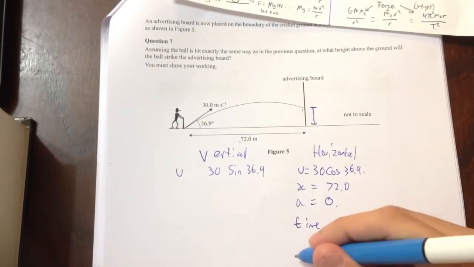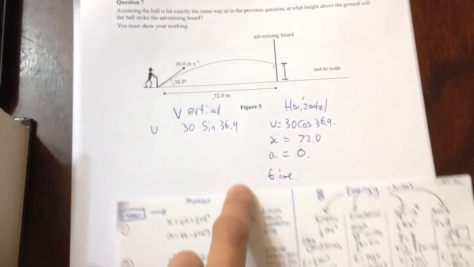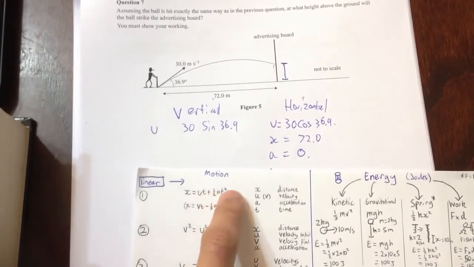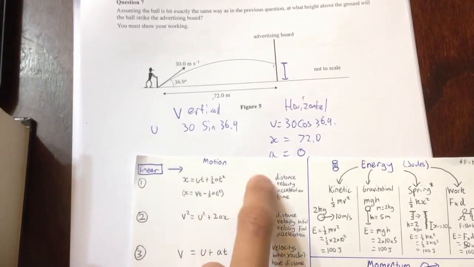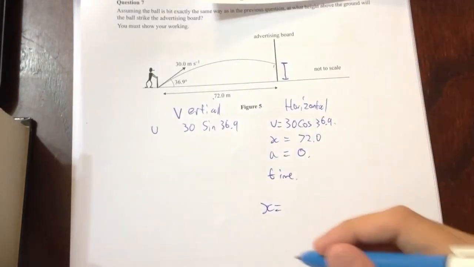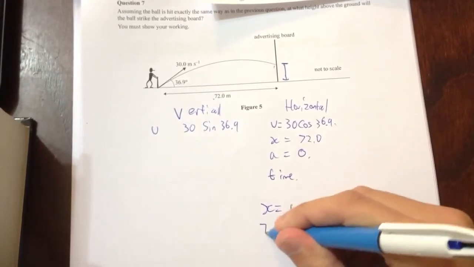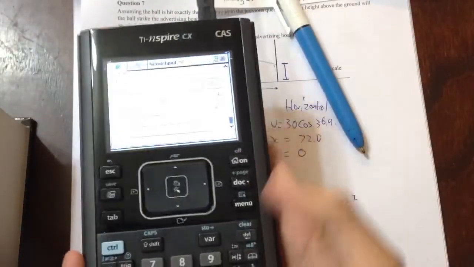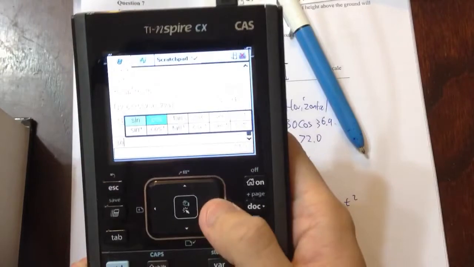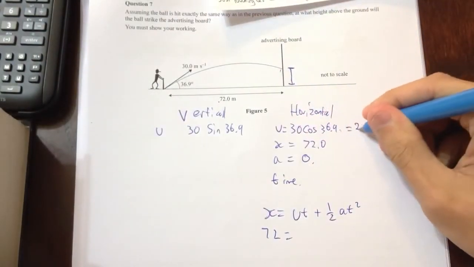So we use our formula, XUAT, the most common formula that we use. x equals ut plus half at squared. 72 equals, what's 30 cos 36.9, use a calculator. So our initial velocity was 23.99.